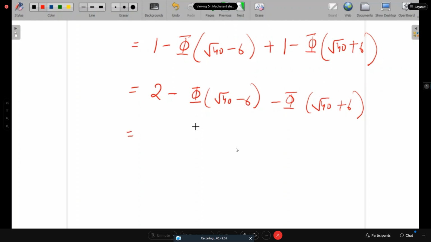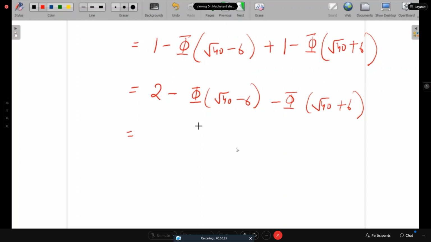Now, what is the root 40? So what are the values now? Does anyone have a calculator?